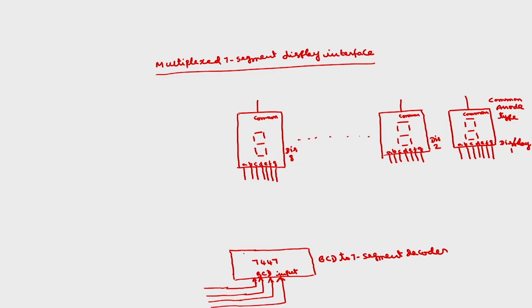The outputs will be the 7 segments A, B, C, and so on. A to A, you have to connect through a 150 ohm resistor, as we discussed in the last class, B to B, C to C, and so on.